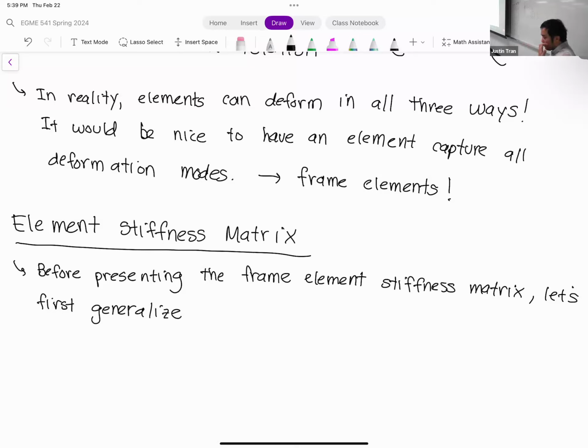Before we present the frame element stiffness matrix, let's generalize the beam stiffness matrix to 2D. When you first read that statement, it might seem a little strange, because the beam is inherently a 2D element.